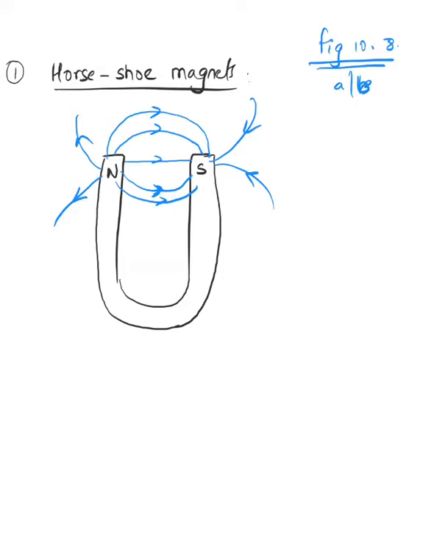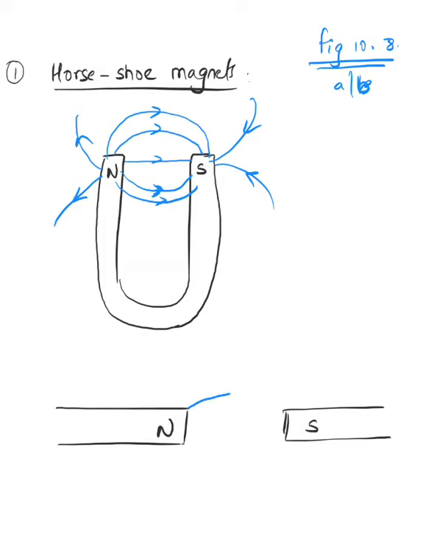As the next thing, if you have two poles facing each other, let's say here you've got a North Pole and this is a South Pole. How will the magnetic field lines go? They will attract. They always start from north and go to south, so they'll start from north and go to this south.